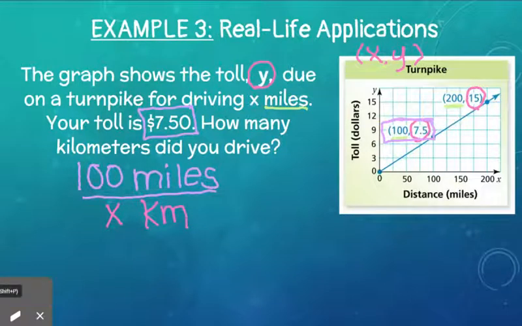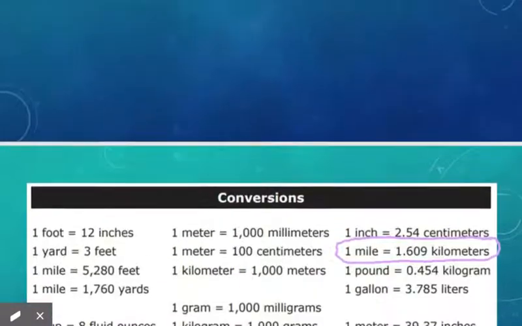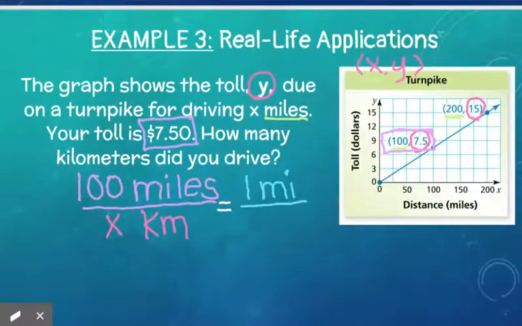The way that we can solve this is by setting it equal to that conversion I showed you a moment ago, which said that one mile was equal to 1.609 kilometers.